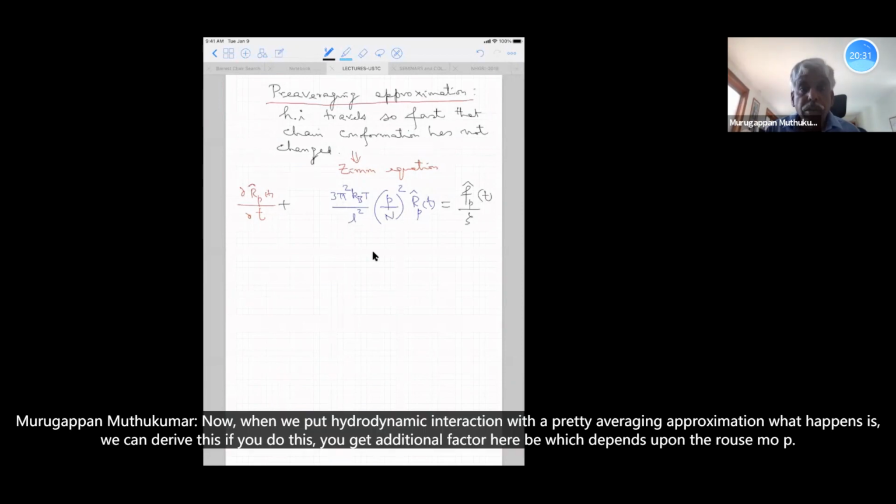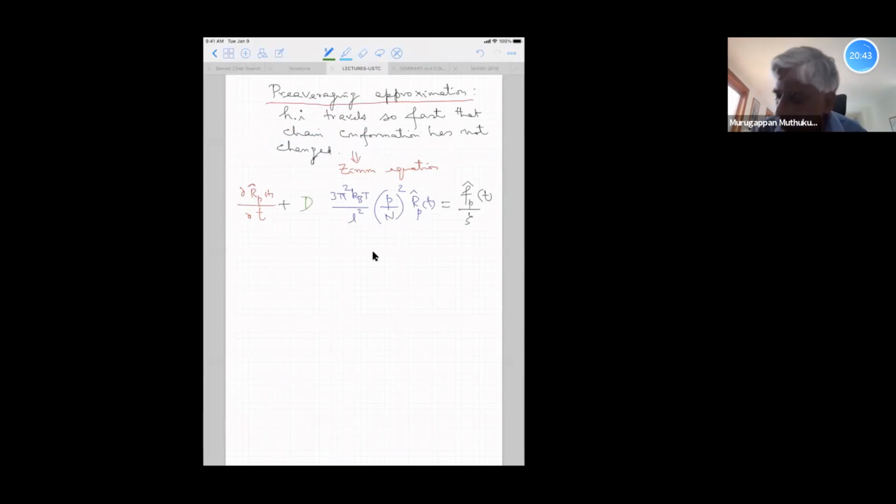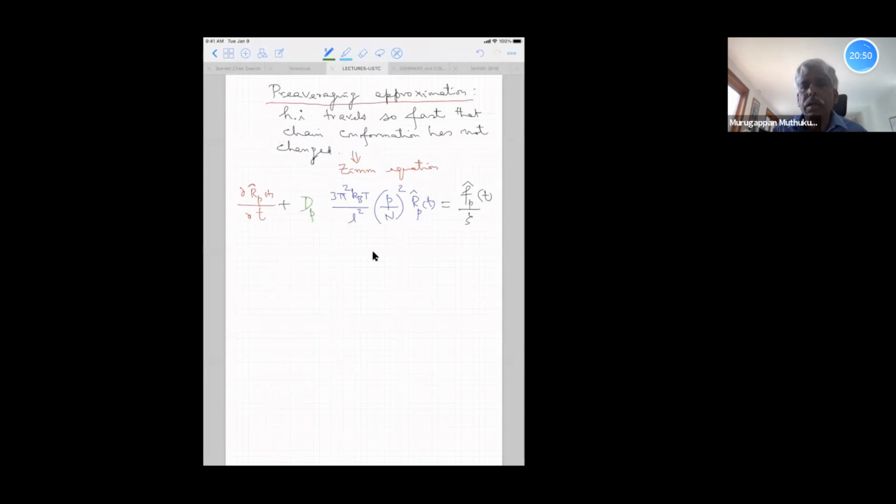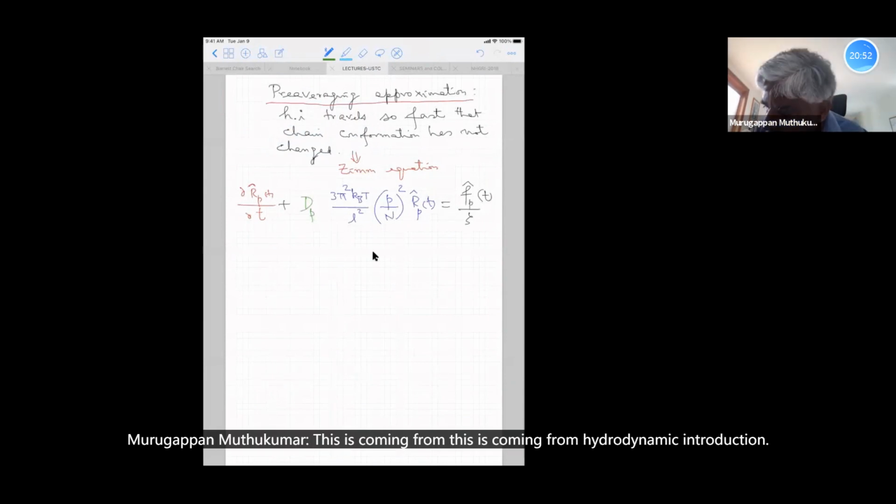Now, when we put hydrodynamic interaction in with the pre-averaging approximation, we can derive this. You get an additional factor here, D, which depends upon the Rouse mode P. That's a modification we get, and it is coming from hydrodynamic interaction.